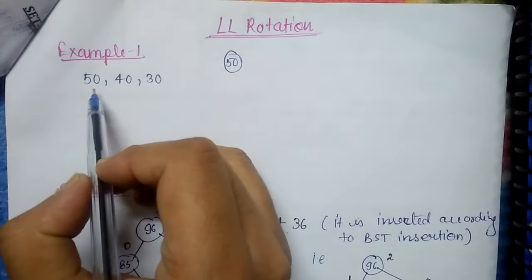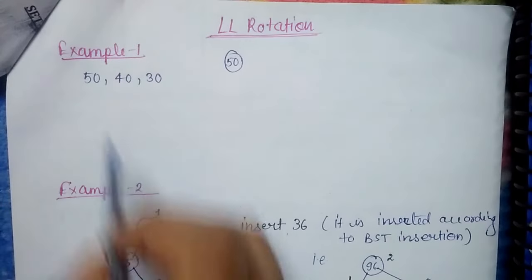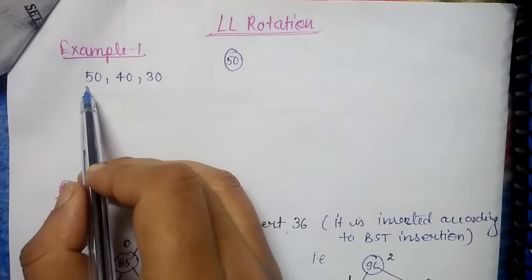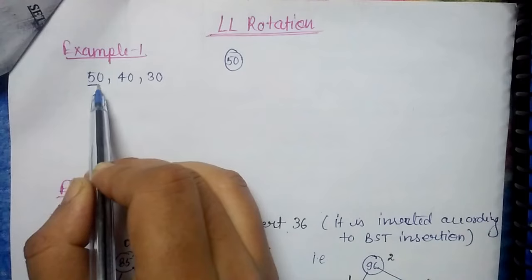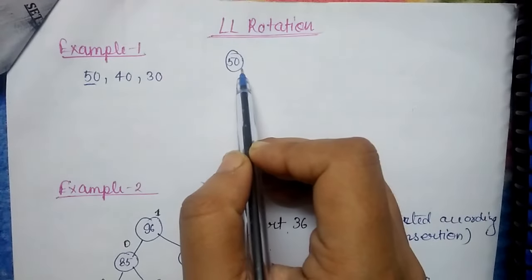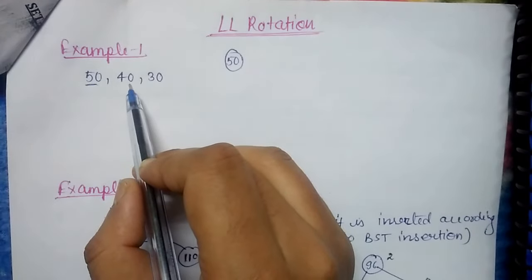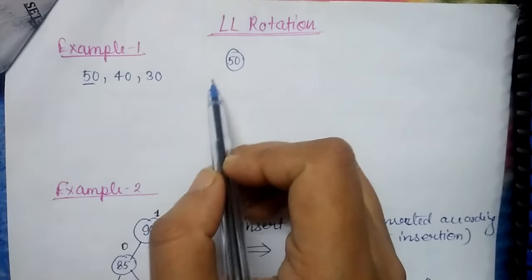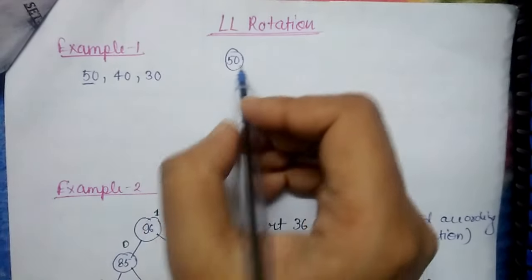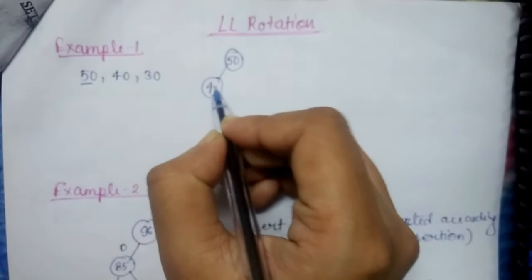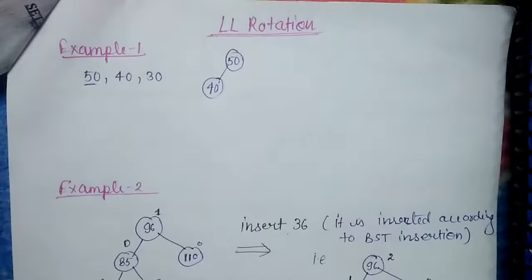First of all, the first step is to insert all the values according to the insertion in the binary search tree. So in the binary search tree, when the first value comes, it will become the root node. After that 40 is less than 50, so it will be inserted as the left child of 50, that is we will insert 40 here.